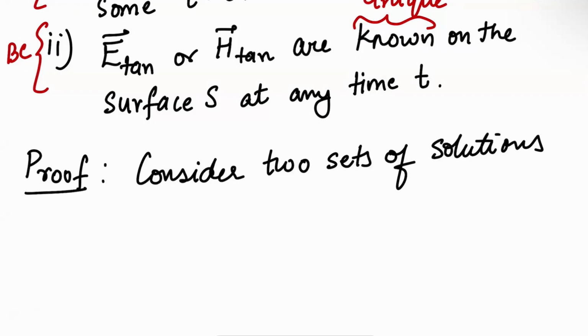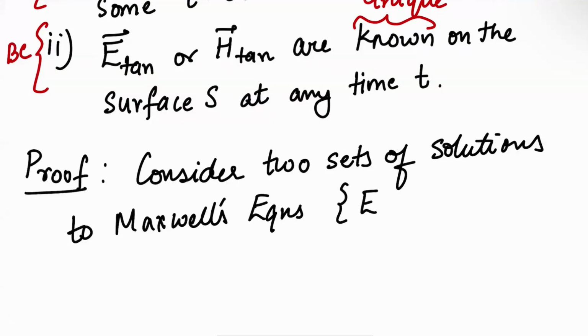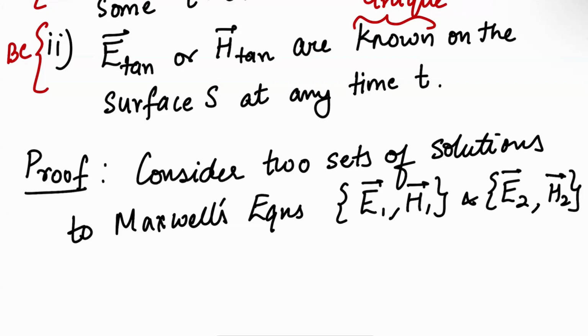So, solutions. This is something like a proof by contradiction. I'm saying, given a set of sources, there are in fact two solutions to Maxwell's equations, E1, H1 and E2, H2.